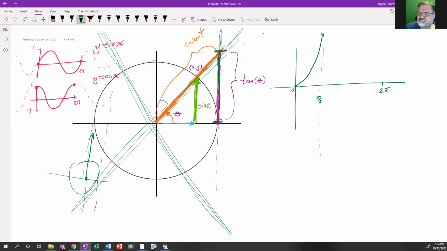And then it would come up and be asymptotic again at 3 pi over 2, and then come up again and stop at 2 pi. So if we chose to graph it from 0 to 2 pi, that's the graph that we would end up looking at.